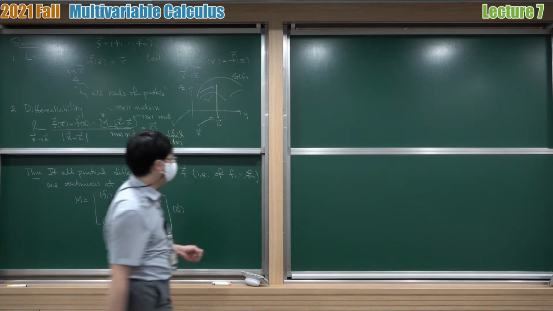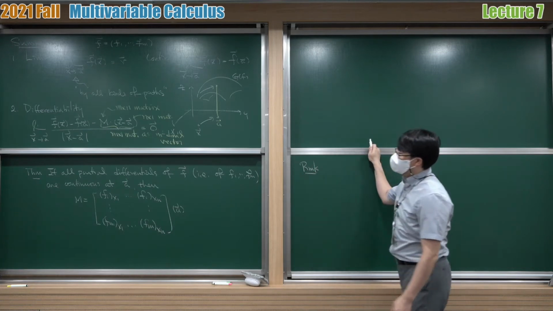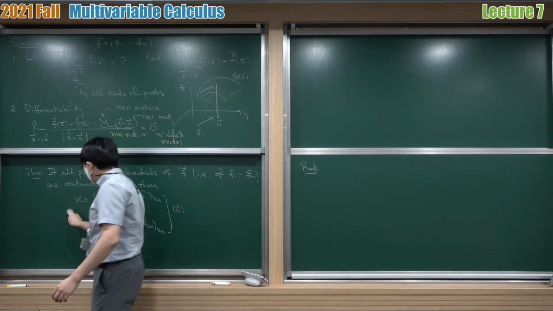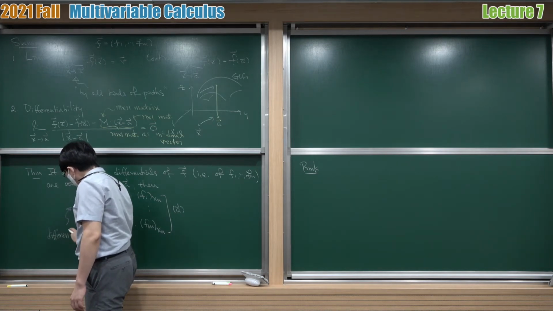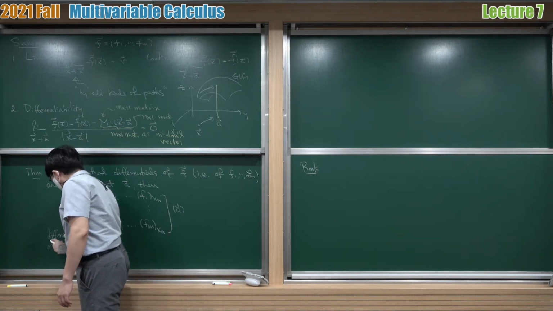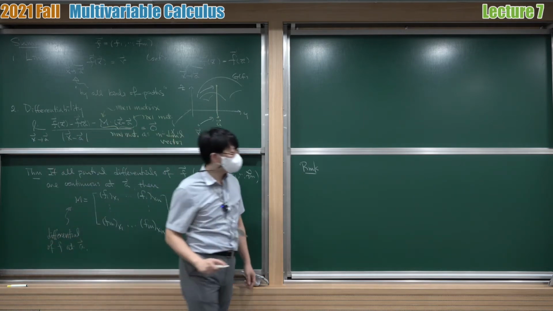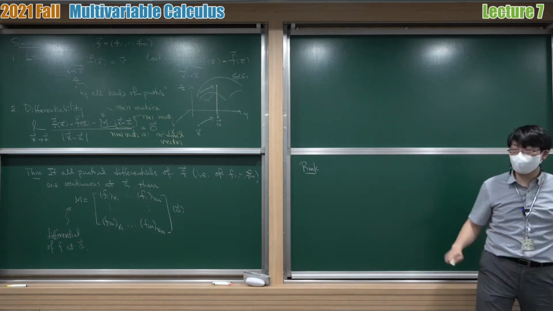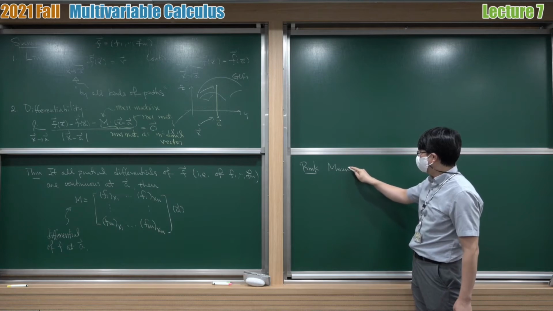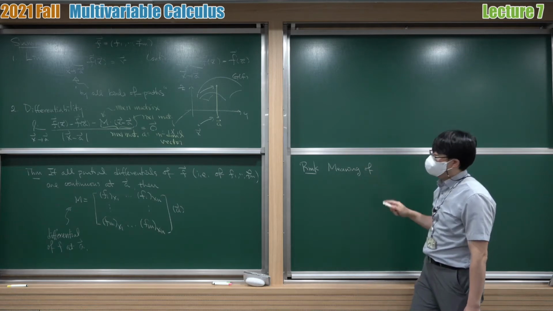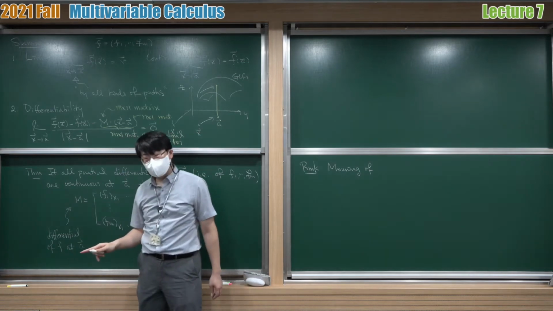And then we have discussed the meaning of differential. So this is called a differential at A, and we discussed the meaning of differentials. When we say the differential, we're not going to write m as a usual symbol.